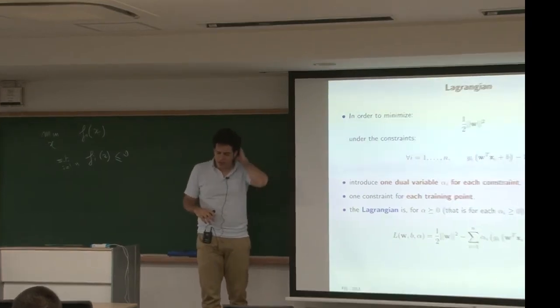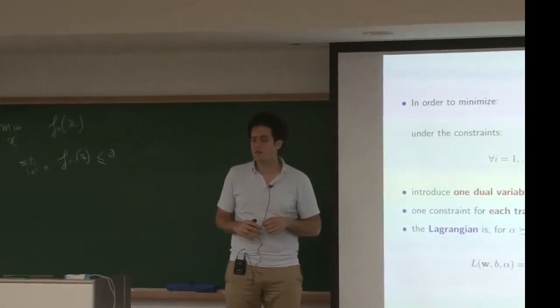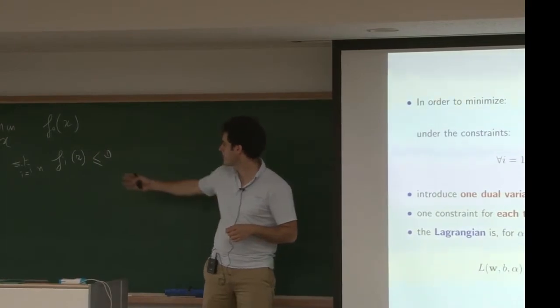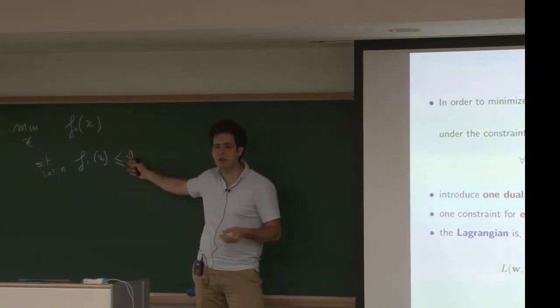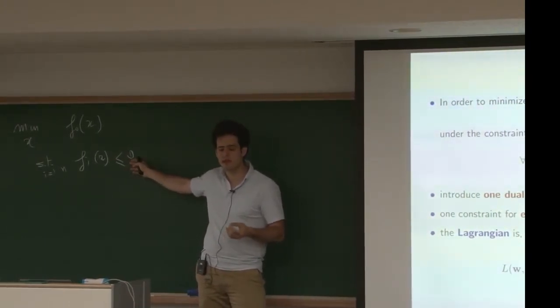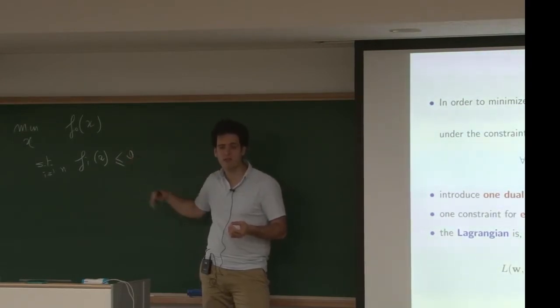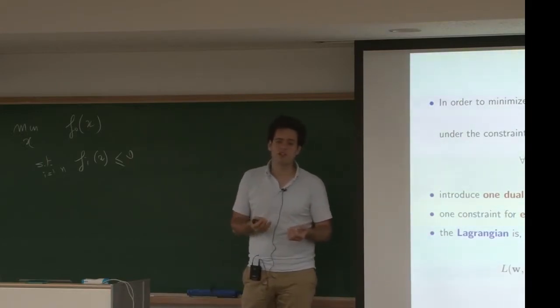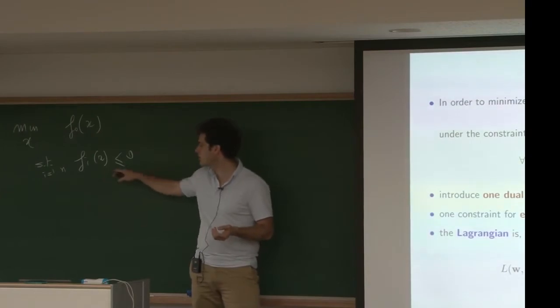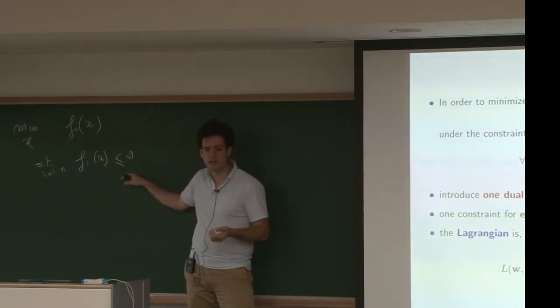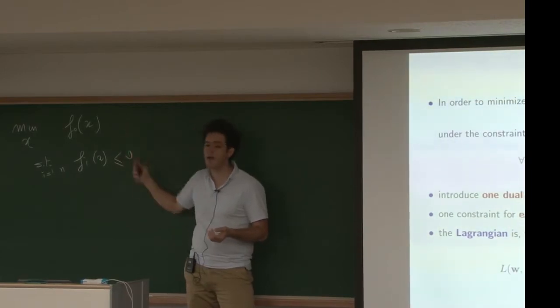So the approach taken by duality is to say, okay, rather than assume that I would really want each point x to satisfy each of the constraints here, let's put a price on each constraint. And whenever this constraint is violated, then this will appear somehow in the objective.